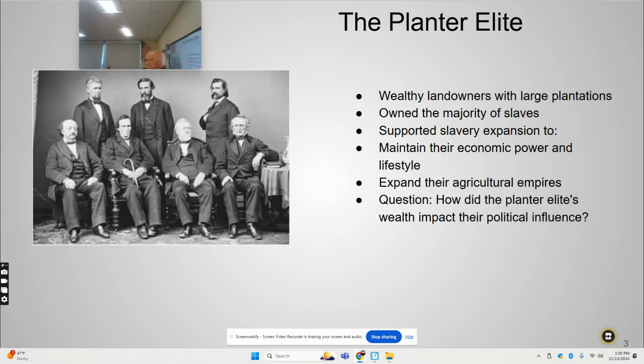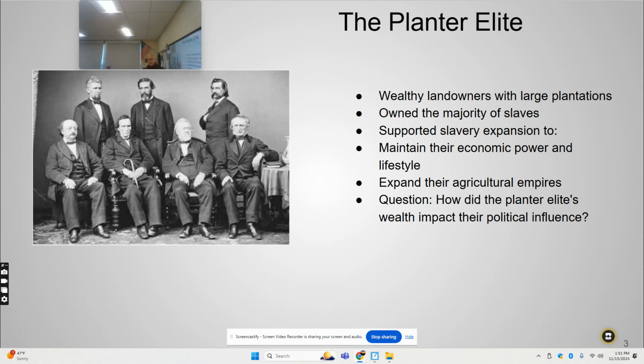Despite not being a large number, the planter elite were very influential and held very much power in Southern society. They maintained their economic power and lifestyle through the weight that they carried in the community based on the number of slaves that they owned.